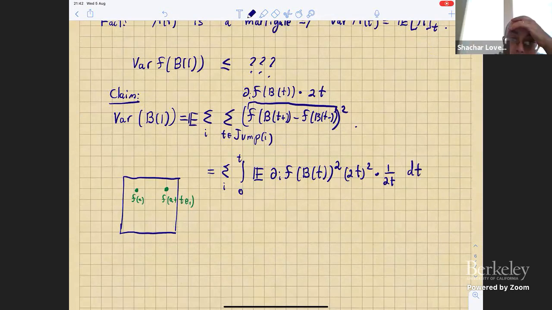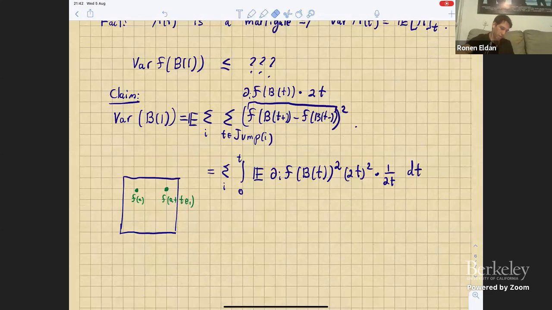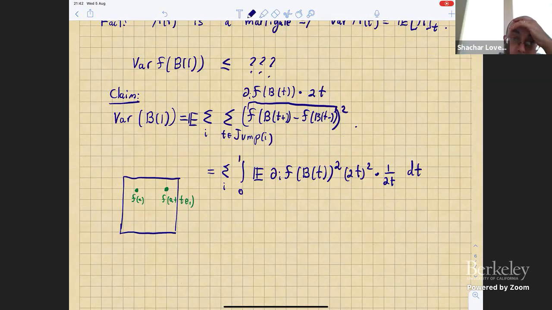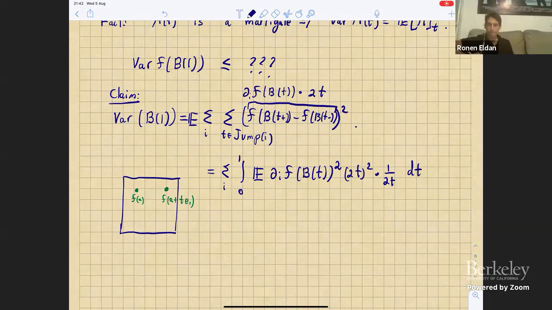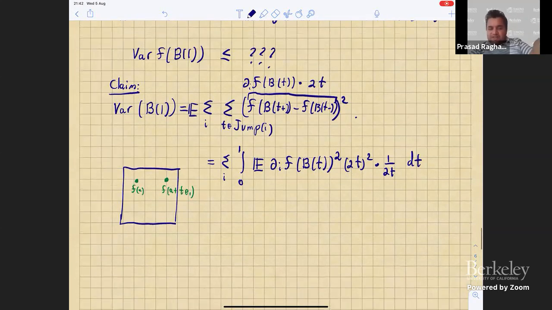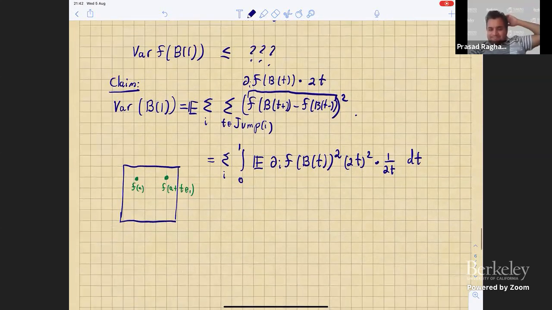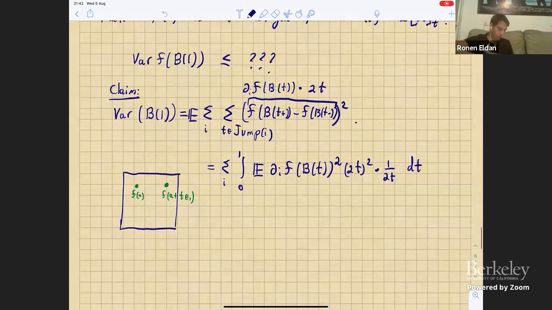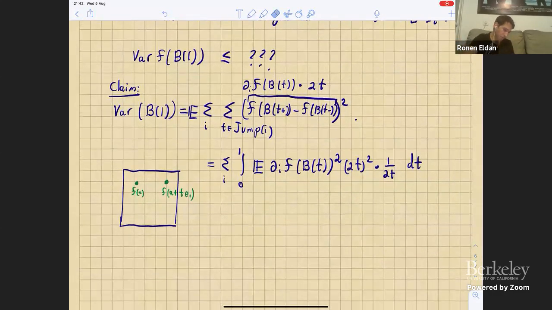Just to make sure, the integral is between 0 and 1, not 0 and t, right? 0 and 1. Thanks. Yes. And we're computing the variance of f of b at 1, right? Yes. Sorry, of f of b at 1.